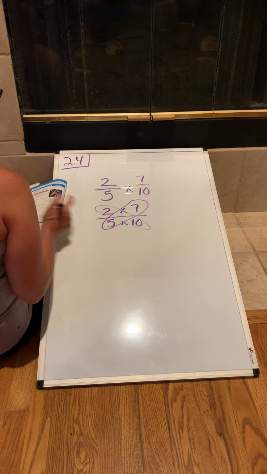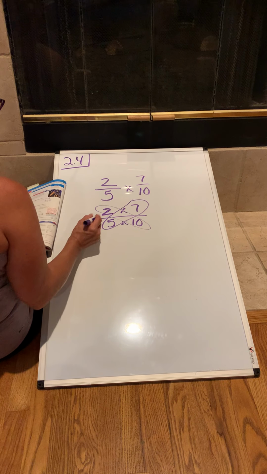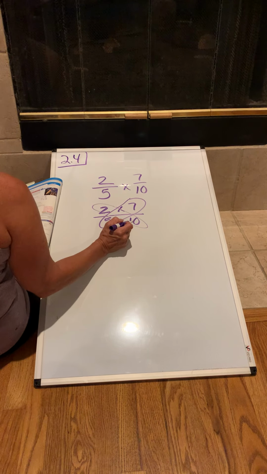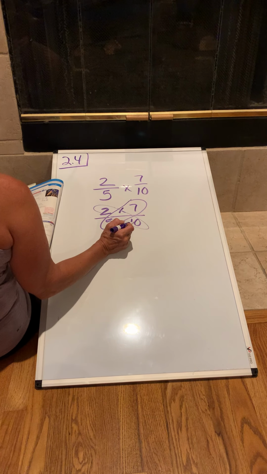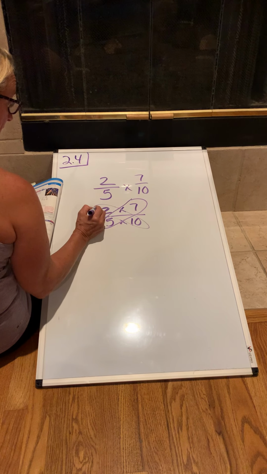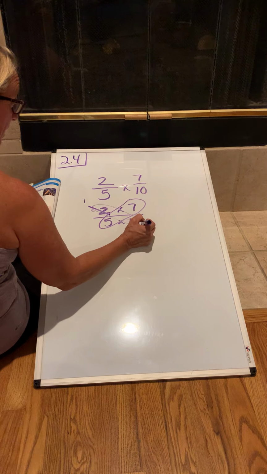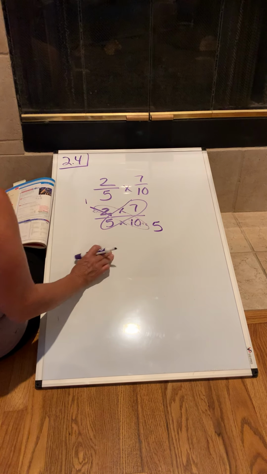And we want to ask ourselves what the greatest common factor is of 2 and 10. The greatest common factor of 2 and 10 is 2. So we're going to divide. 2 divided by 2 is 1, and 10 divided by 2 is 5.